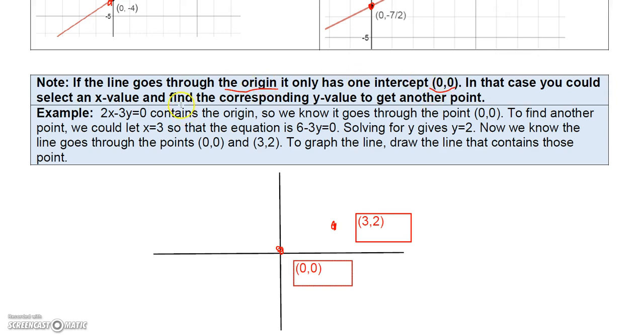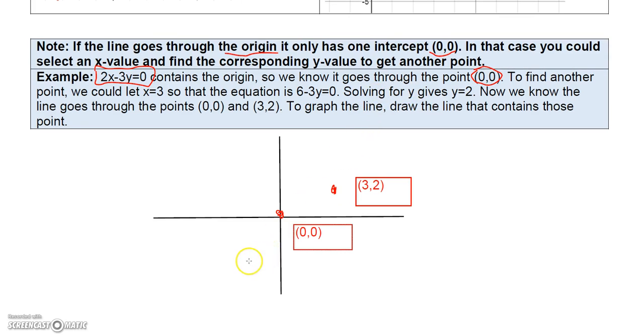In that case, you could select an x value and find a corresponding y value to get another point. Let me show you an example here. Let's say that 2x minus 3y equals 0. Well, here, if you let x equal 0, then you'll get that y equals 0, or if you let y equal 0, you'll get that x equals 0.